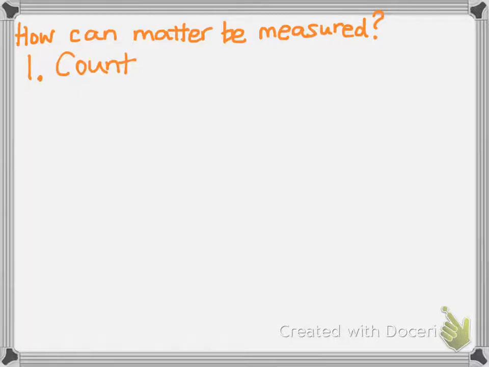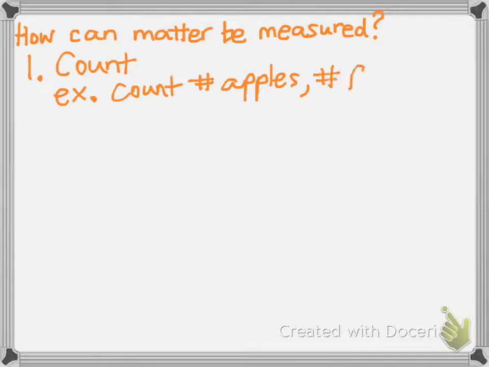Okay, so for count, some everyday examples are that you might count the number of apples, you might count the number of files of music, you might even count the number of people in a classroom. Okay, so counting is definitely one way that we frequently measure the amount of matter that we have.